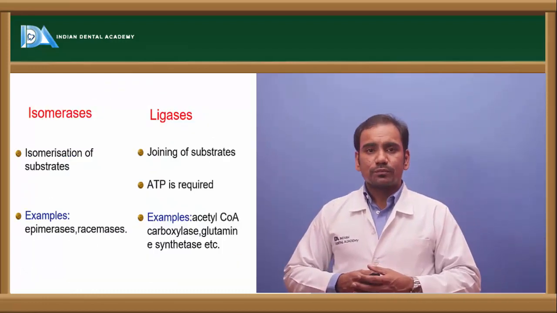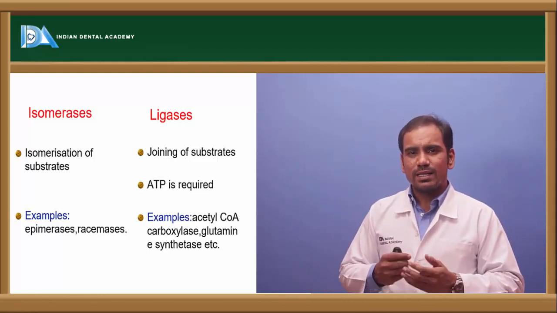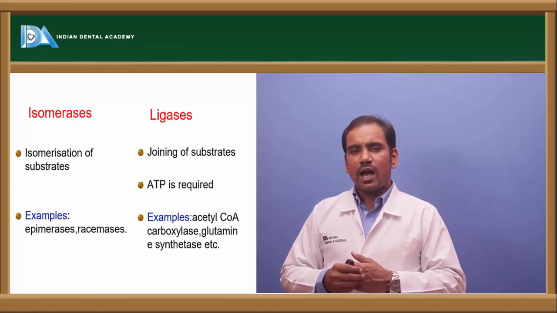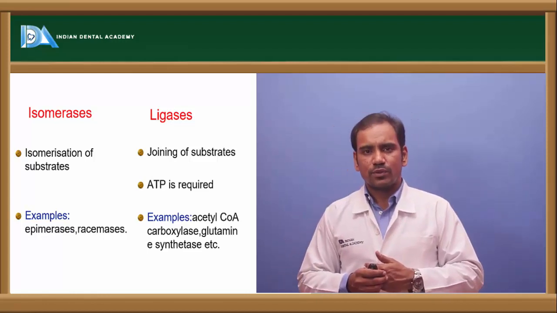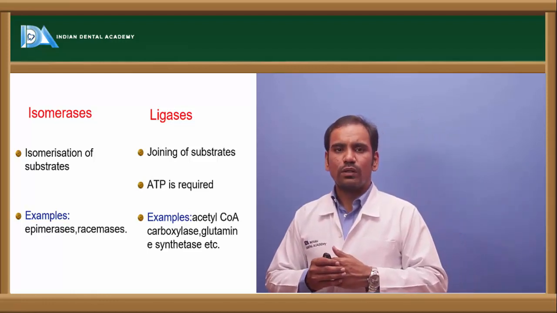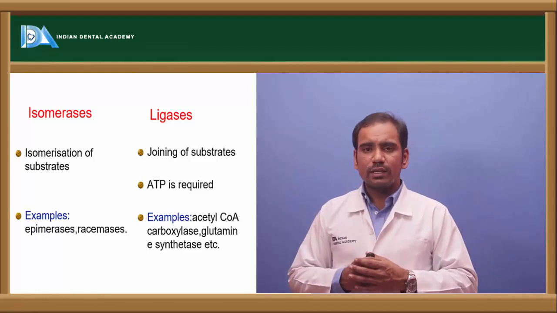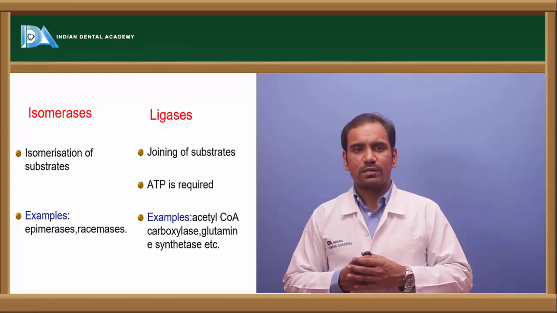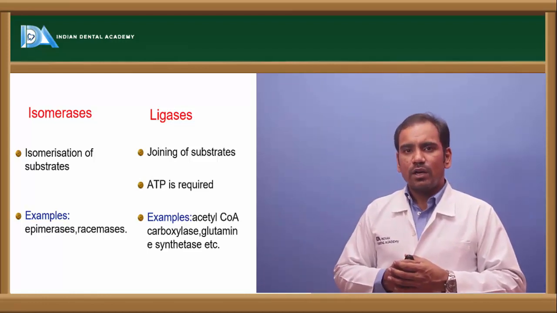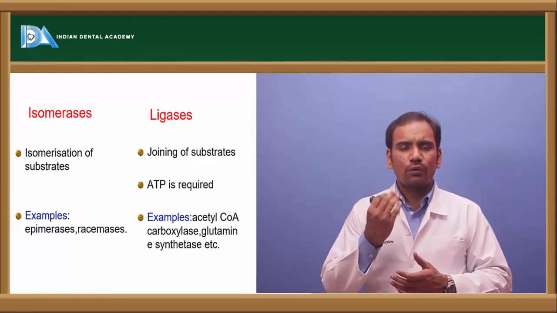Coming to the fifth class, isomerases. So isomerases are the enzymes which catalyze the isomerization of substrates, or the enzymes which catalyze the interconversion of isomers. So we call them isomerases. Right? So examples are epimerase and racemase. So when you take epimers, glucose and galactose are epimers with regard to the fourth carbon.